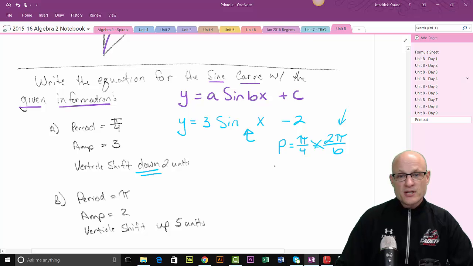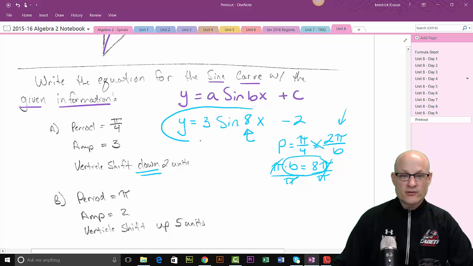Cross multiply. Pi times b is equal to 8 pi. Divide by pi, and I get b is equal to 8. And there's your answer.